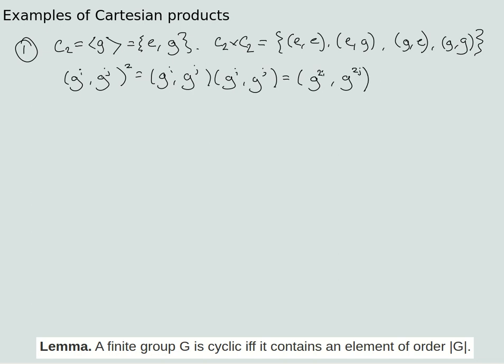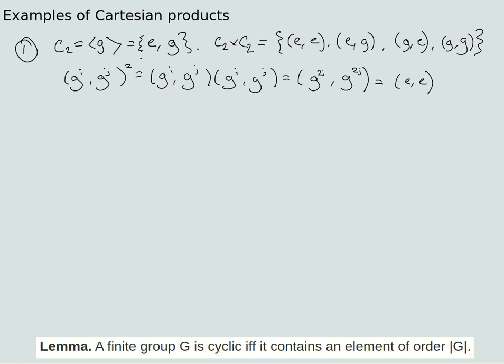But an even power of G is the identity. Remember, G is an element of a cyclic group of order 2. G squared is equal to the identity. So is G to the minus 2, or G to the 4, or G to the 8, whatever. So what we have here is the identity element in C2 cross C2.